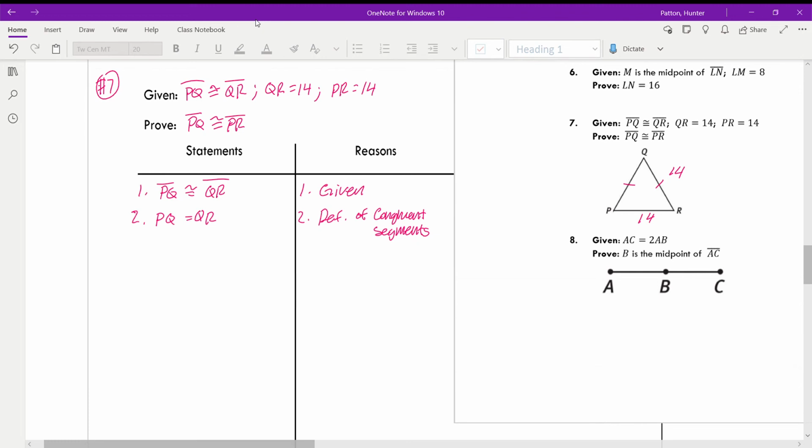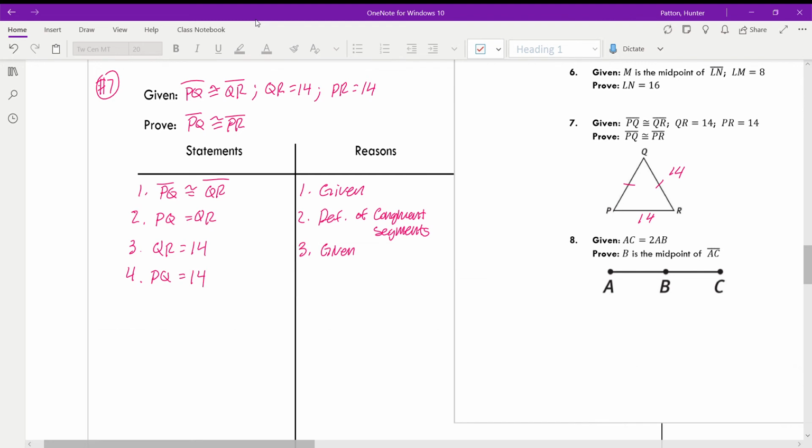We're starting over. Now, I know PQ is equal to QR. I'm going to state my second given: QR is equal to 14. Since QR is equal to PQ and QR is also equal to 14, PQ is equal to 14.